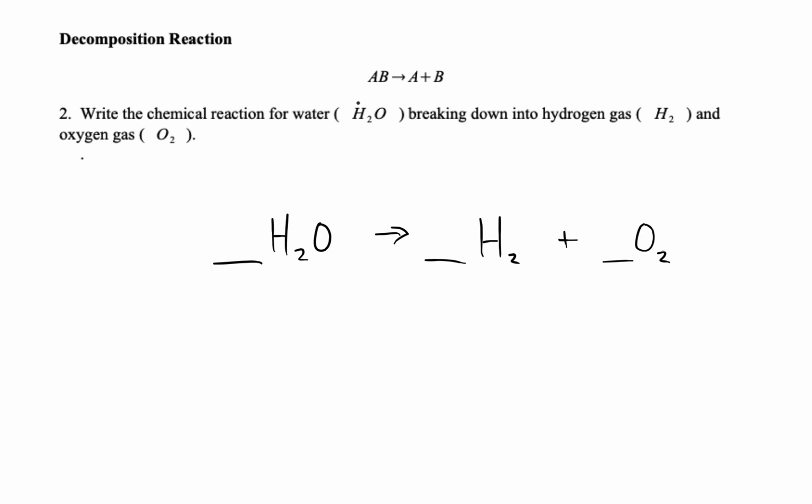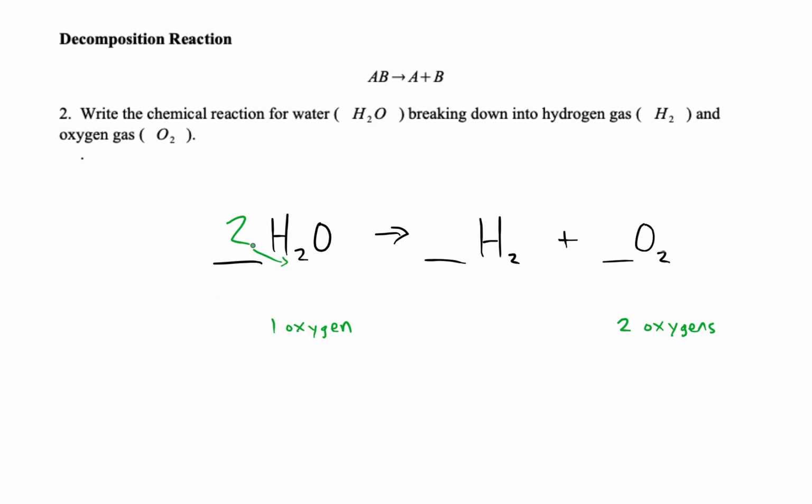I see that I've got 2 oxygens on the right, and I've only got 1 oxygen on the left. So if we're restricting ourselves to integer coefficients, it is absolutely necessary that we bring in another water molecule. This way we'll have 2 oxygens on the left and 2 oxygens on the right.